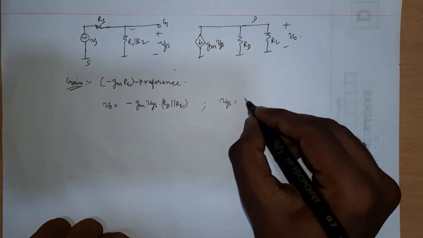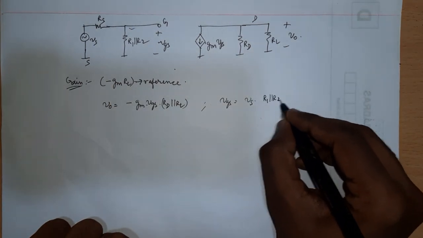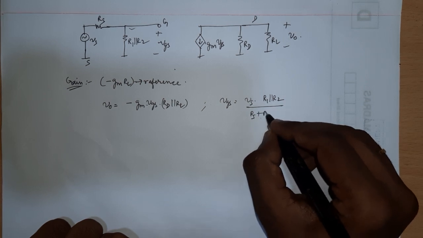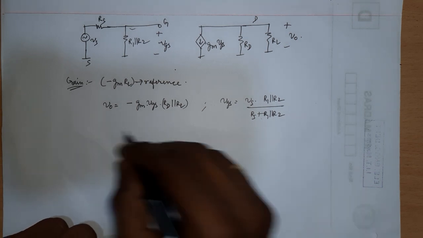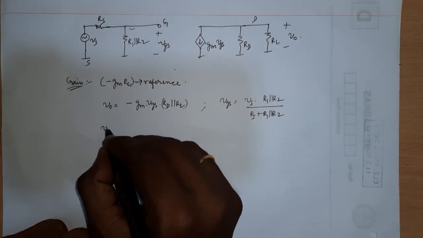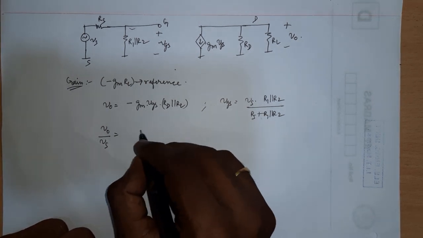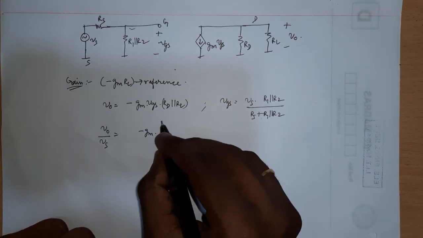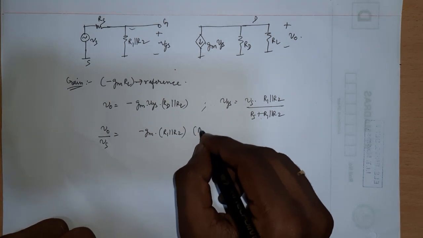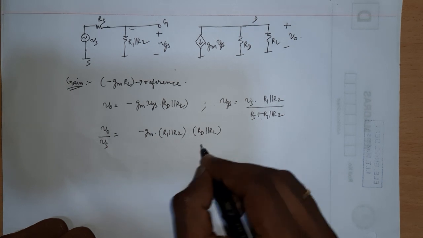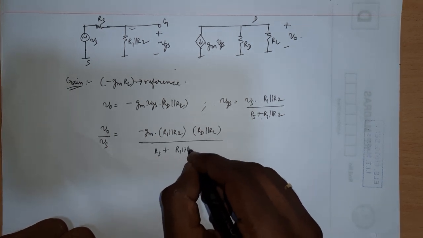VGS is equal to VS times R1 parallel R2 divided by RS plus R1 parallel R2. So what would be my gain, V0 by VS? I just substitute it here, and I would get minus gm into R1 parallel R2 into RD parallel RL, divided by RS plus R1 parallel R2.